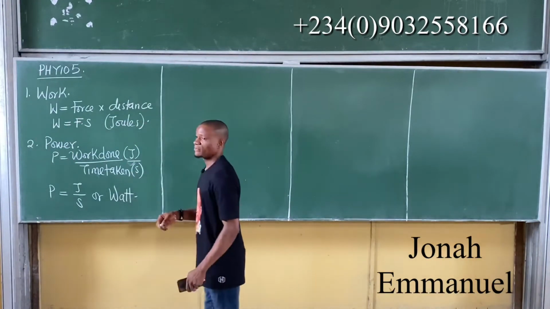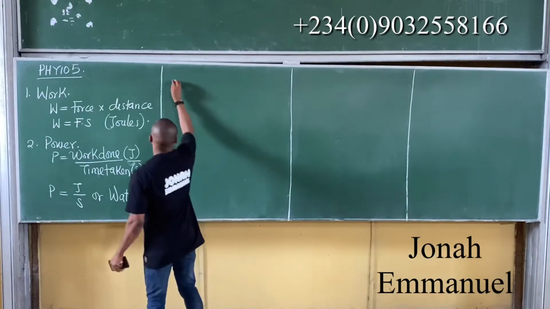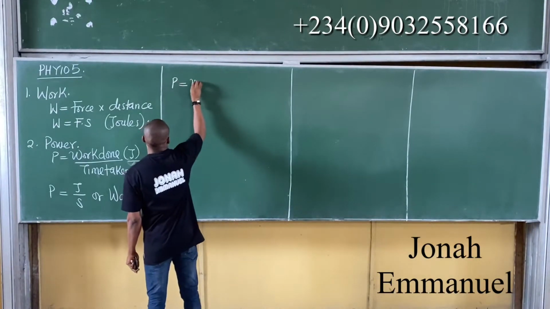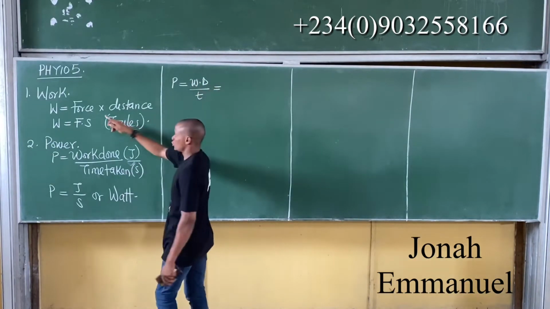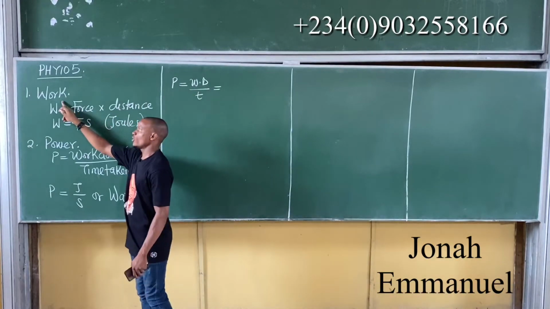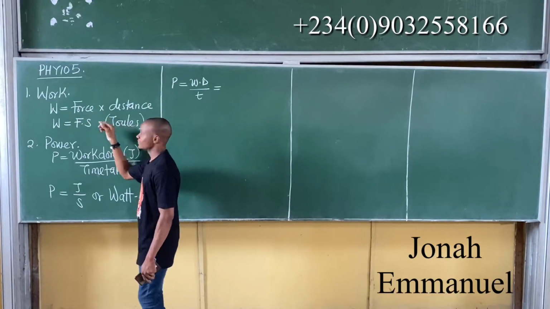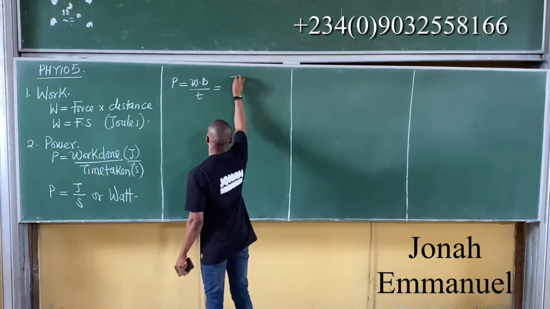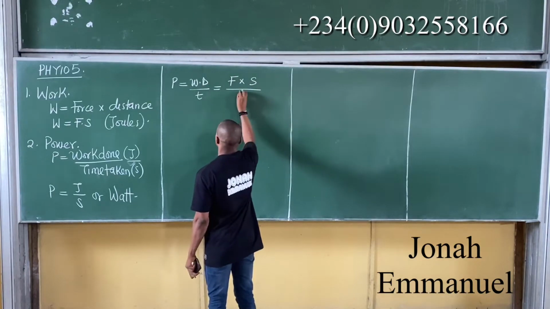Now here's one important derivation about power. We just said power is equal to work done all over time. But work done is equal to the product of force and distance. So power is equal to force times distance all over time.